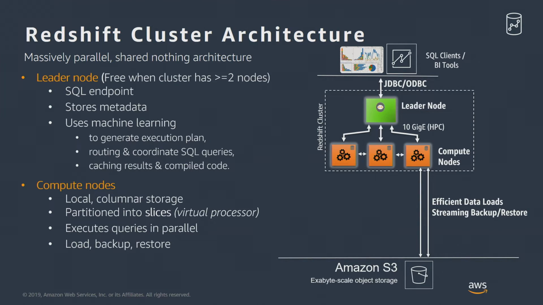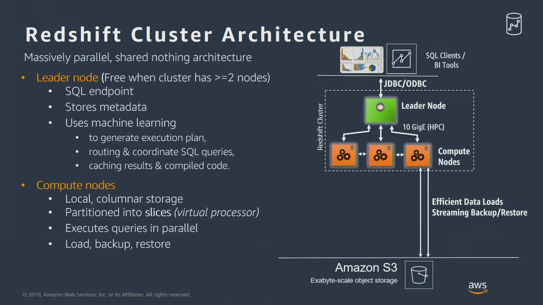And the leader node is going to send a query down to one node and say, get me your rows. Another node, get me your rows. Another node, get me your rows. All those queries run in parallel on the compute nodes. They take their result sets, they send them back to the leader node. The leader node aggregates them and hands them down to the client. This is how Redshift delivers that massive performance.